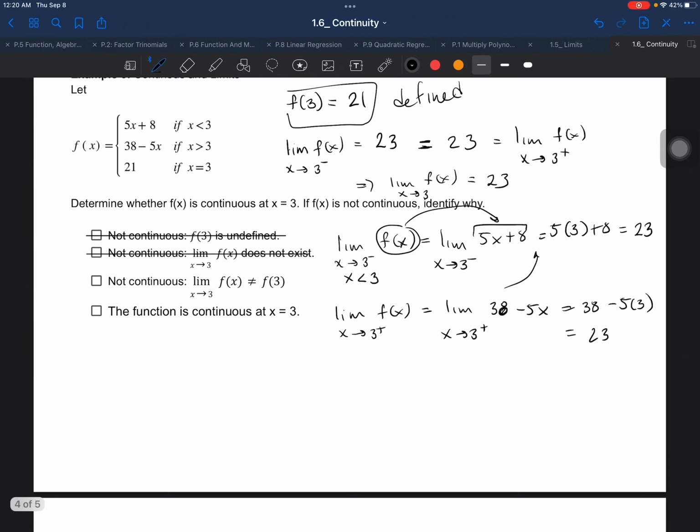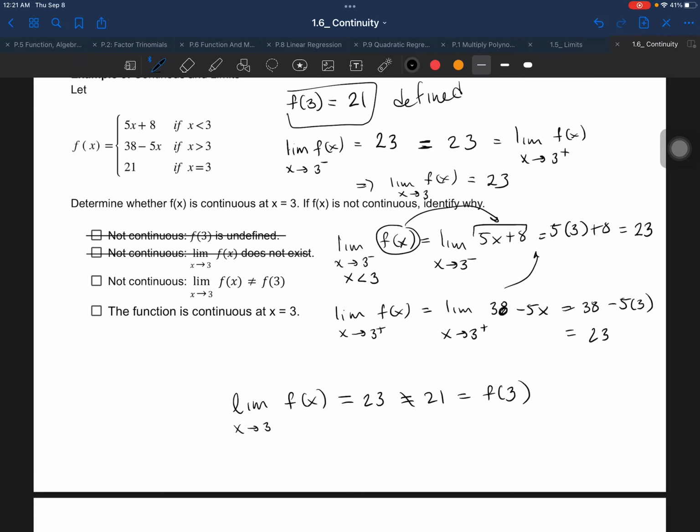All right, so the next option is that it's not continuous because the limit of f of x does not equal f of 3. And that's actually true. Let's see why. We know the value of the limit is 23, but we know that this is not equal to 21, which is your f of 3.